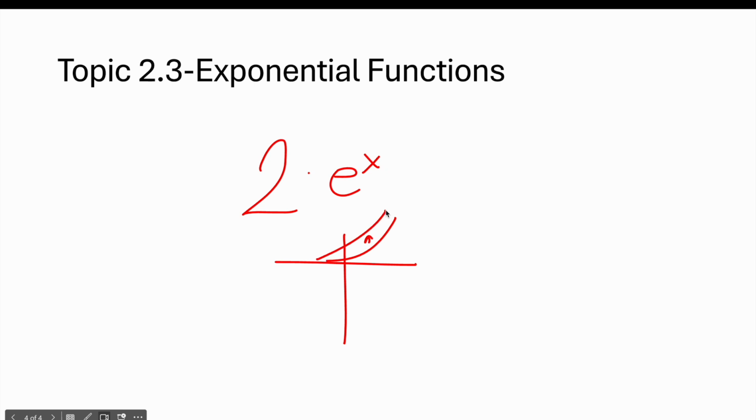And the next part is the one that we did somewhere. So e to the x times 2 will just vertically stretch the graph of e by a factor of 2. So I would just vertically stretch it.